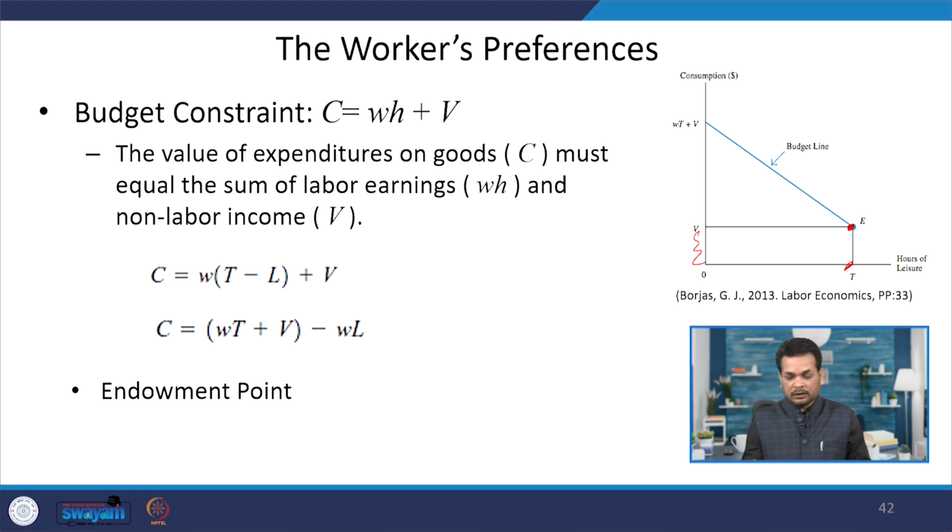As he moves into the labor market and does the trade off, he enters this point, and if he spends his entire available time working in the labor market, he can consume W T plus V amount of goods and services. So, this plus this. Now this is his opportunity set. Any point below this line or on this line is affordable. Any point above this line is not affordable. So, this point is called the endowment point.